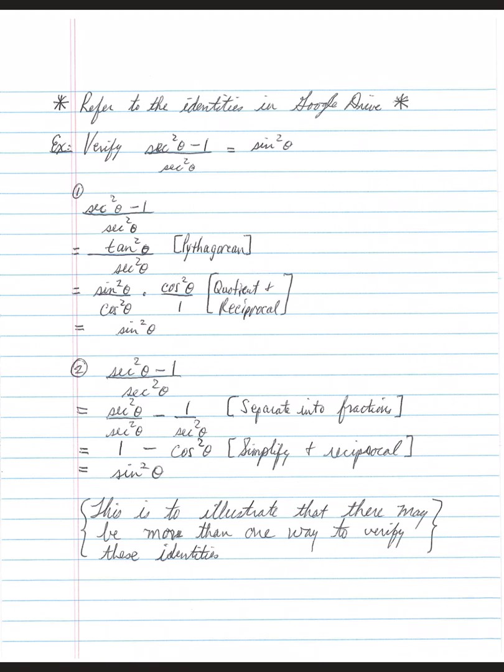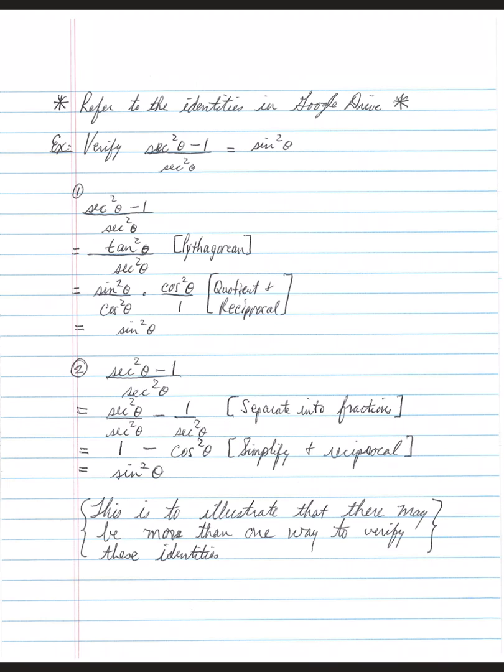So let's take the left side of this equation, and we're going to try to make this turn into that. The left side of the equation is secant squared theta minus 1 over secant squared theta. Using your Pythagorean identities, there's one in there that is 1 plus tan squared equals secant squared.